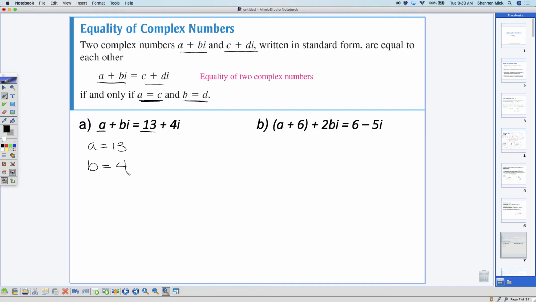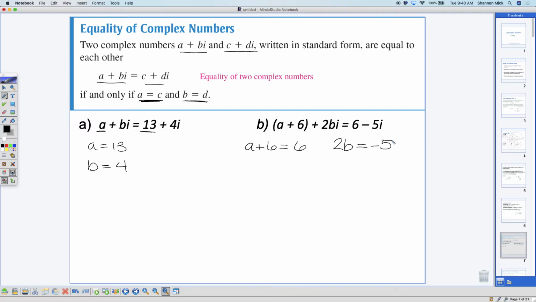So now we have a plus 6 plus 2bi equals 6 minus 5i. Well, the real has to equal the real, and the imaginary has to equal the imaginary, correct? So a plus 6 has to equal what? 6. And 2b has to equal -5. You notice I didn't put the i's there. That doesn't matter. There's an i on both sides already. So then I just have an algebra problem, correct?